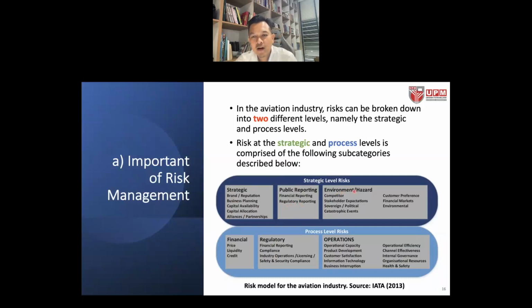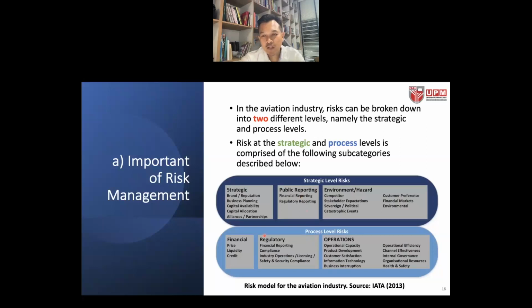With regards to environment or hazard, it includes competitors, stakeholders' expectations, sovereign, political, catastrophic events, customer preference, financial markets, and environment. So this is how you group all the elements of the strategic level risk. It's not just grouped into one basket, it is divided into subcategories.